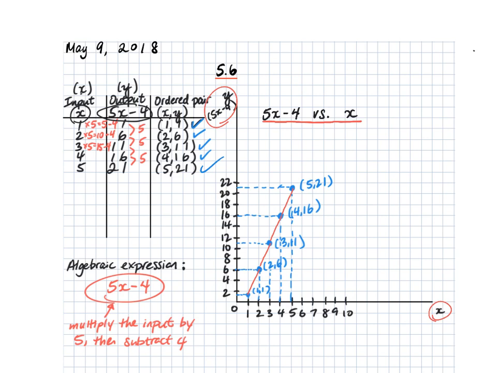Okay, so from the beginning again, you started off with an input-output table. You established what the algebraic expression is, relating the input to the output values. We know that corresponds to the x and y ordered pairs. So remember, whenever you're listing ordered pairs, it's always the input or x before y.